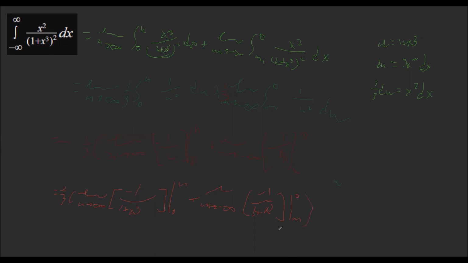Okay, so now we can begin substituting our values. We'll equate this to 1/3 the limit as n approaches infinity of negative 1 over 1 plus n cubed minus, sorry, this should be a plus because we are taking the difference of a negative, so we're adding them, plus 1 over 1 plus 0 cubed, which is of course 1 over 1, meaning that really we're just adding 1 because we're taking the difference of negative 1 over 1, so we might as well just add 1.